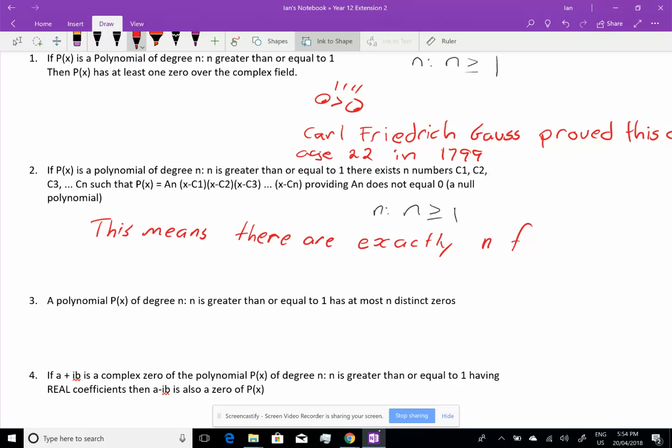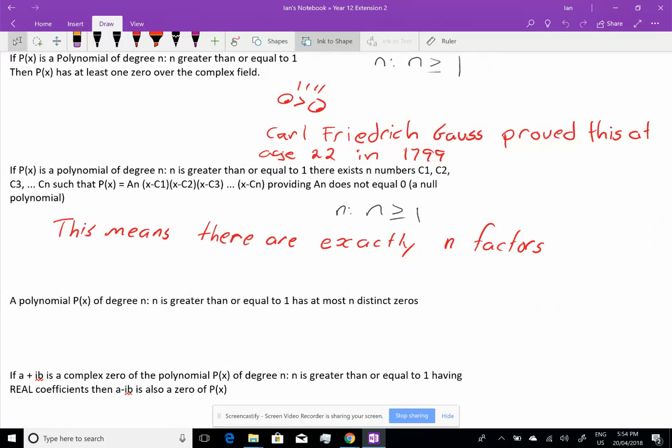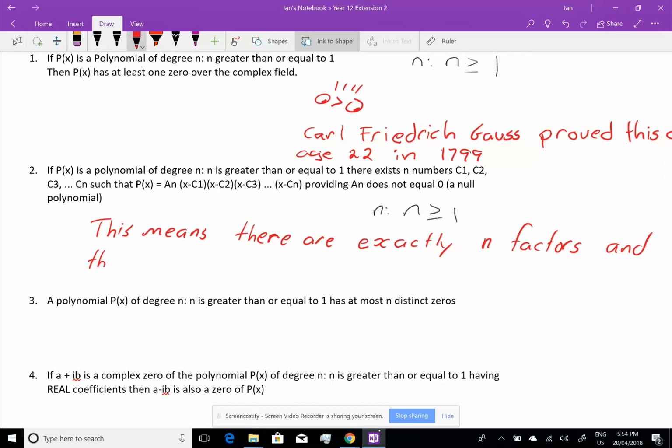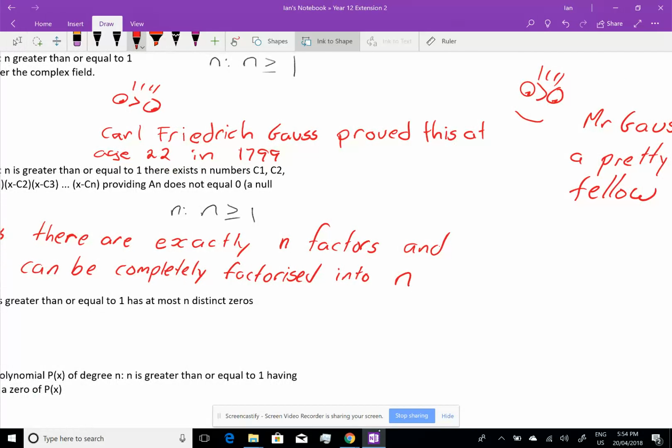n factors. They could be real or imaginary, and p of x can be completely factorized into n linear factors.